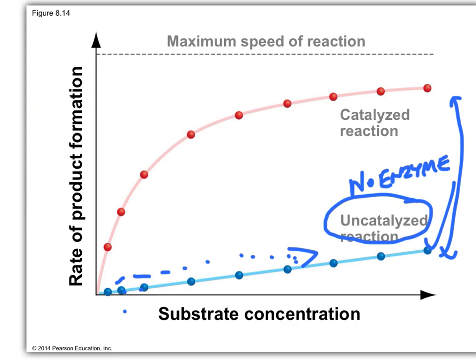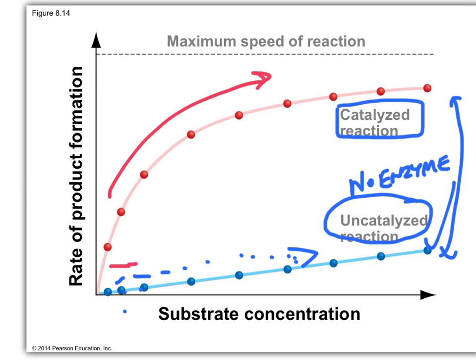In the presence of an enzyme, so the red one, this curve shows that there are kinetics of this: you start out at very low concentrations of substrate, and you increase the speed very rapidly. So you are able to catalyze reactions really quickly, but that starts to level off.